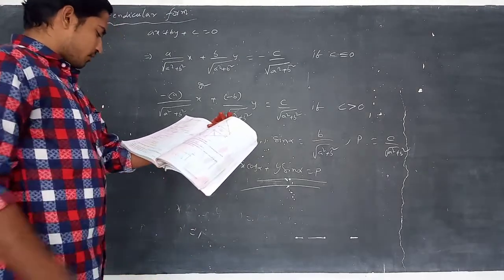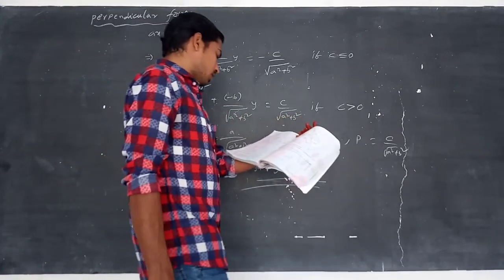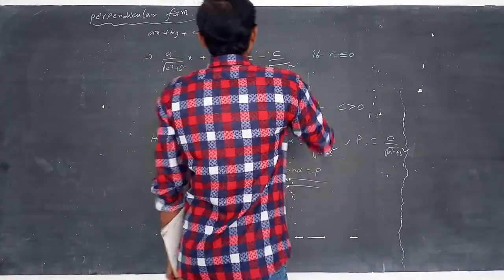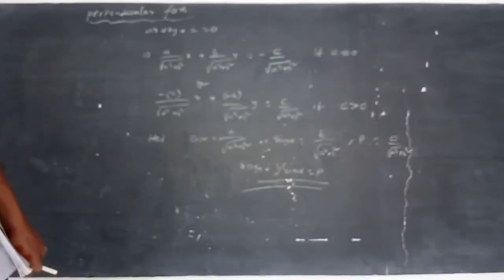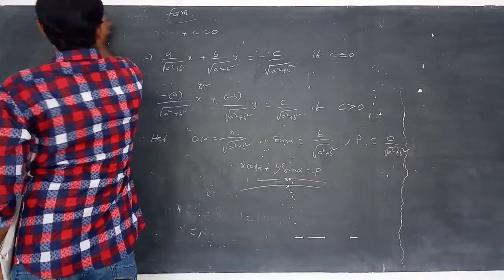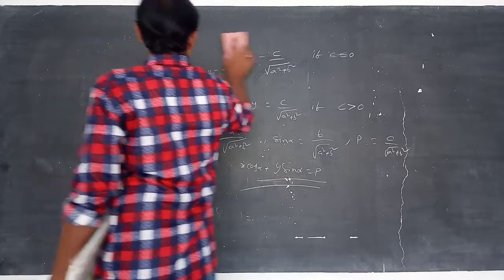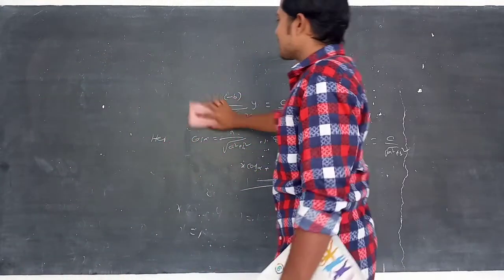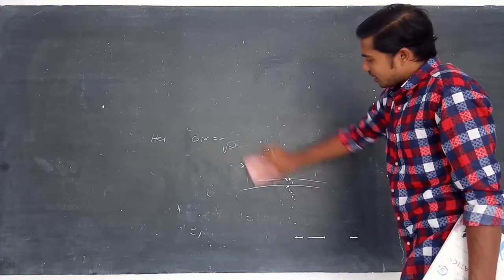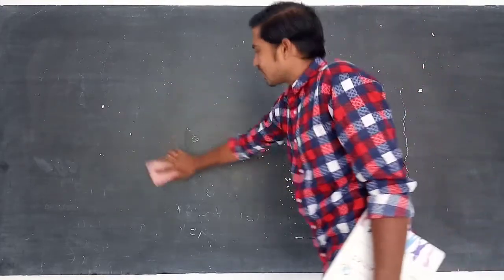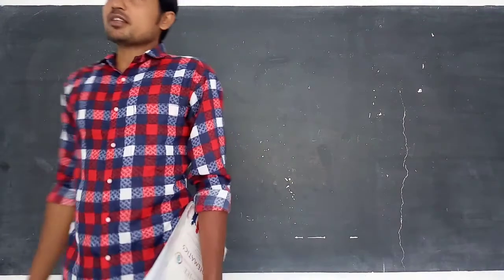The next thing, the perpendicular distance from the origin to the line. Suppose the line is ax plus by plus c equal to 0. The perpendicular distance from the origin to that line is modulus of c by square root of a square plus b square.